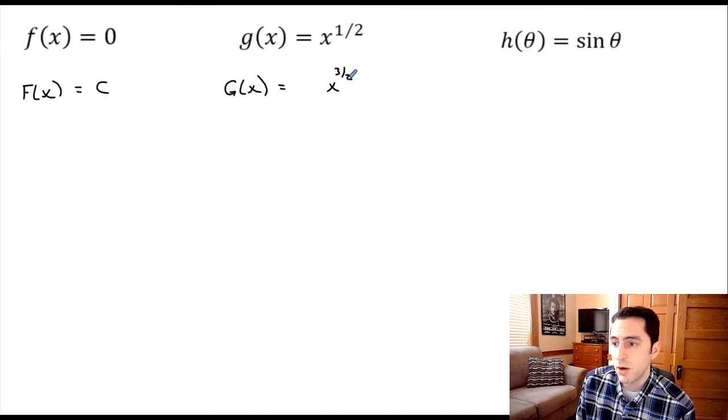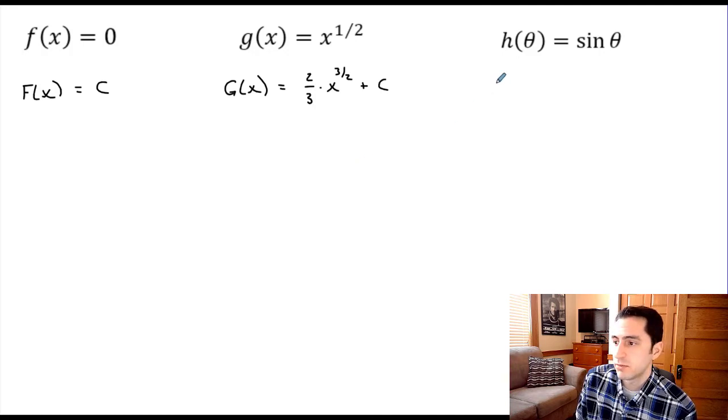If I think about the power rule, this 3/2 would come down out front, but I don't have a coefficient of 3/2 in my original function, so I want to make sure that simplifies to 1, so I'm going to include a 2/3 in this case. Because 2/3 times that 3/2, that would simplify to 1, and I also need to include my arbitrary constant c.